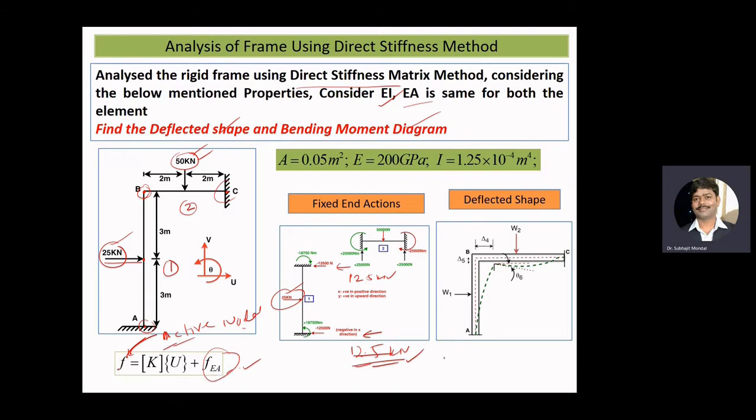And the moment will be WL by 8. Here W is 25, L we have 6, by 8. So you have to convert 25 kilonewton into 25,000 Newton, times 6 by 8.